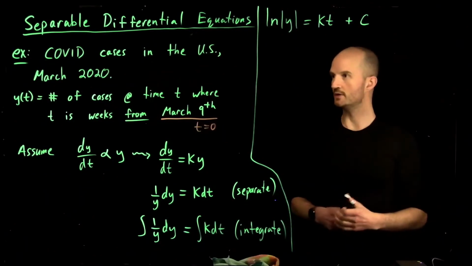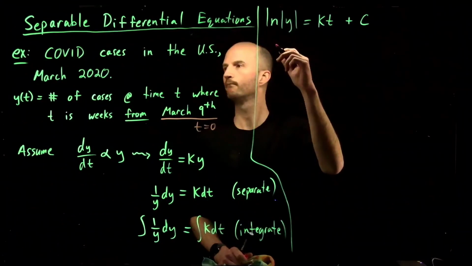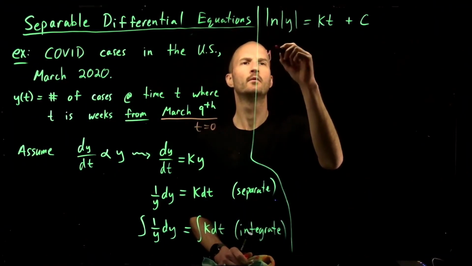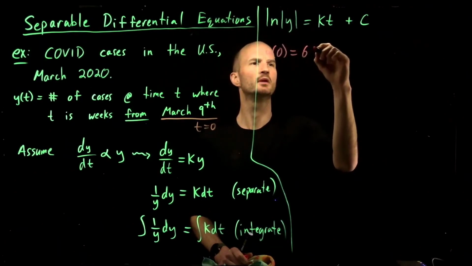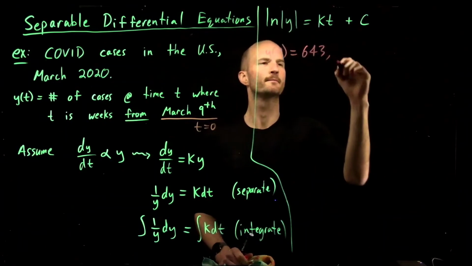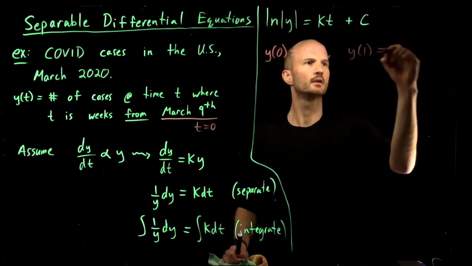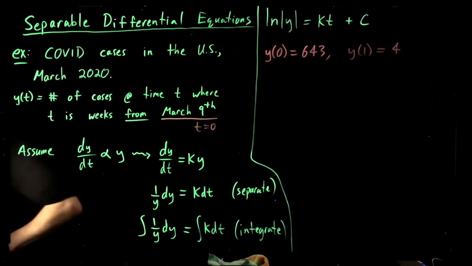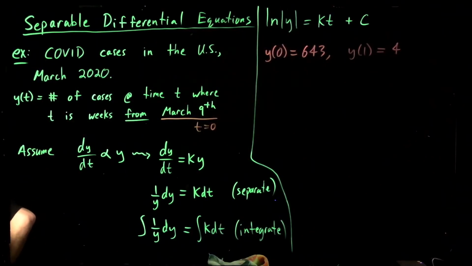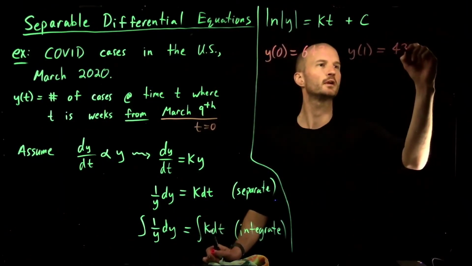Okay, now we can write down the data that we have collected. We're going to take y of 0 is given to be 643, and y of 1 is 4353.